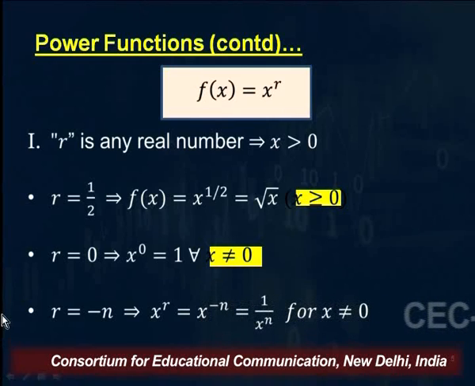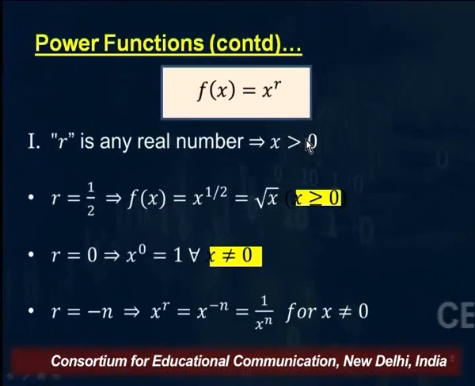So clearly there are many values of r for which the expression x to the power r is not defined if we take negative or 0 values for x, right? And that is why we have this restriction that if the exponent is any real number, then we have to have x be positive.